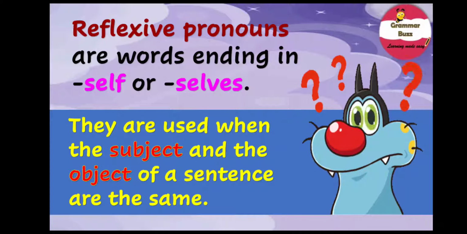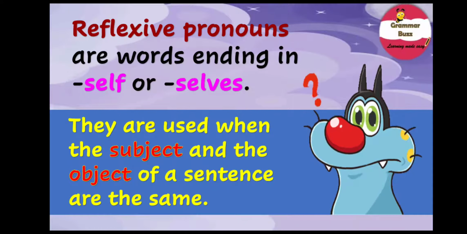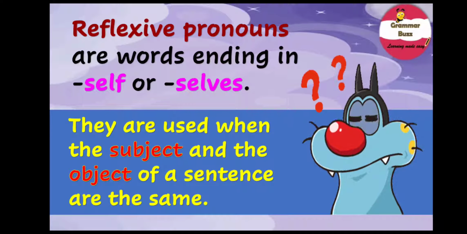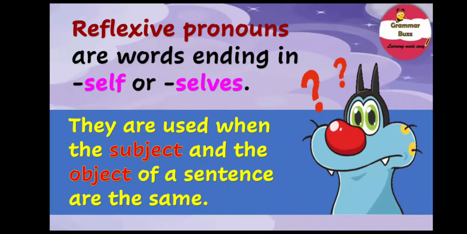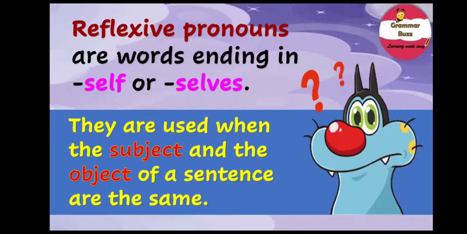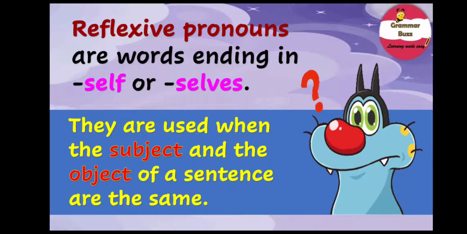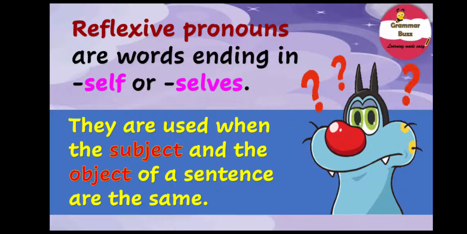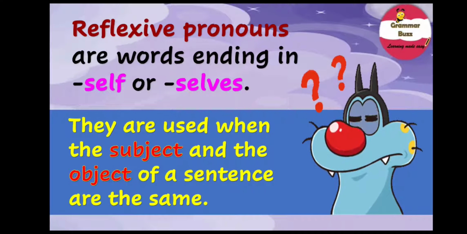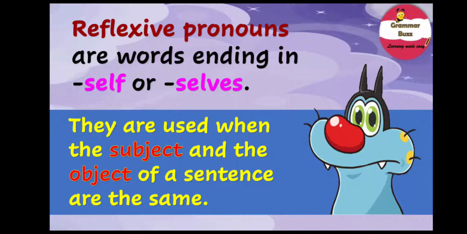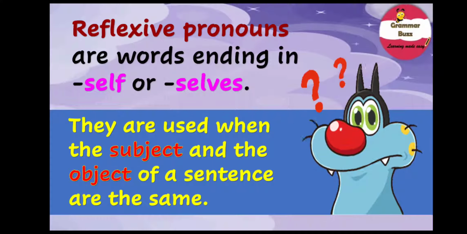They are used when the subject and the object of a sentence are the same. So remember, reflexive pronouns are words ending in self or selves, and they are used to refer back to the noun or pronoun that is the subject and the object of the sentence at the same time. So if a noun or pronoun is the subject and the object of a sentence, we use a reflexive pronoun to refer back to the subject. Simple?